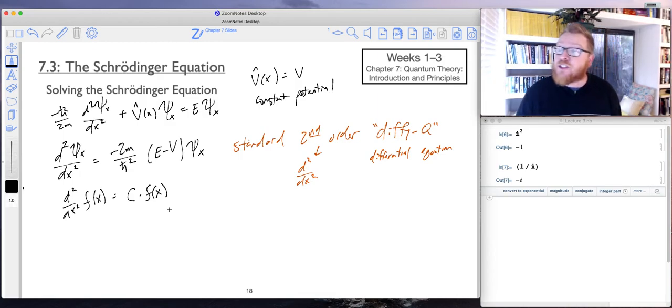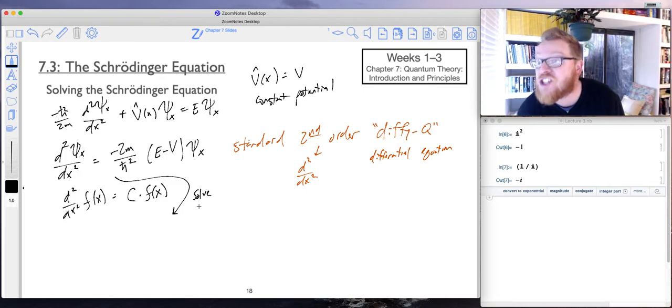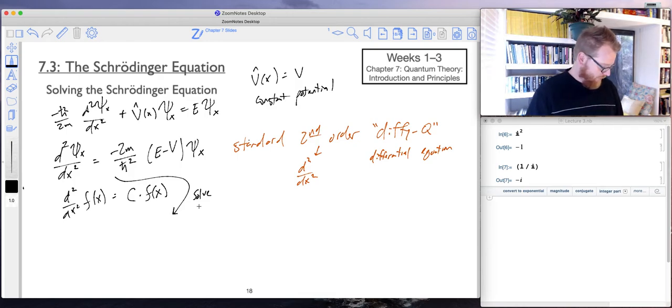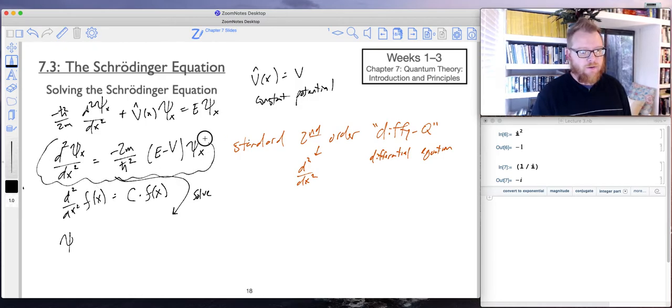And as it turns out, there is a solution to the standard second order differential equation, okay? And that solution goes as the following. So I'm going to write, here we go, I'll write this, solve. We don't know how to do that yet, but I am going to teach you how to solve second order differential equations, okay?